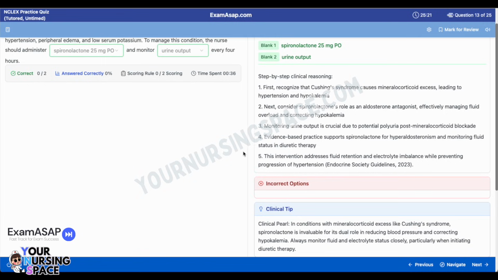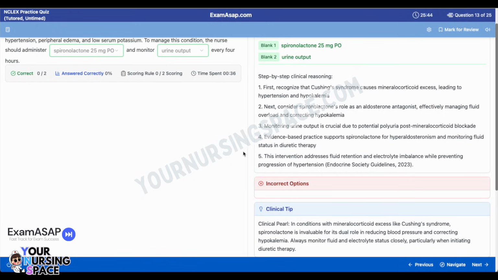Monitoring urine output is crucial due to potential polyuria post-mineralocorticoid blockade. 4. Evidence-based practice supports spironolactone for hyperaldosteronism and monitoring fluid status in diuretic therapy. 5. This intervention addresses fluid retention and electrolyte imbalance while preventing progression of hypertension.